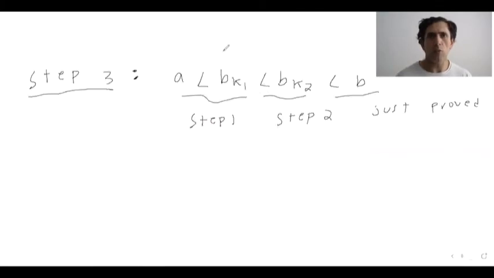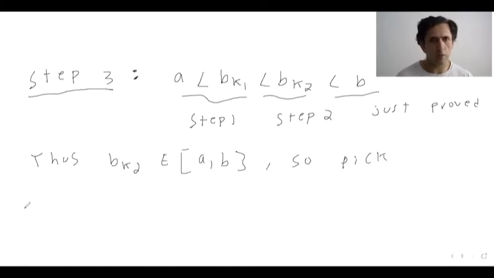Okay, so again, why does that matter? The main point is that BK2 is between A and B. It's strictly between A and B, but in particular, it's in the closed interval. Okay, so pick, let's call it AK3, BK3.